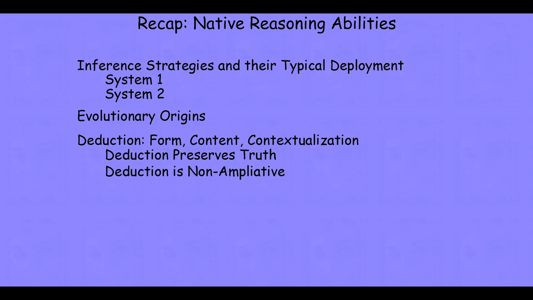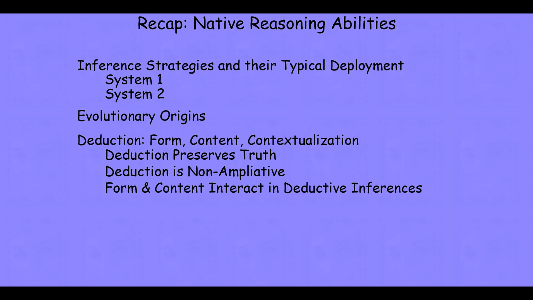Because of that emphasis on truth, we realize that deductive inference is non-amplitive in nature. It doesn't extend or increase the things that are guaranteed to be true. It merely takes things that are already guaranteed to be true, given what we know, and makes them explicit.